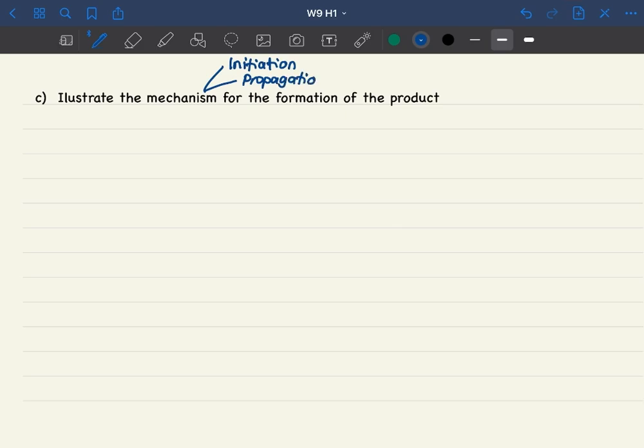During this propagation step, we form new radicals, and we also need to expect chain reactions to happen, meaning the repetition of forming the radical that was formed in the initiation part. Lastly is termination, where we terminate all the free radicals in order for the reaction to stop. We're going to start with the first step, called initiation.